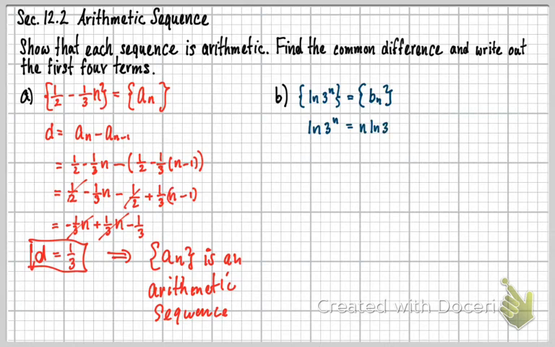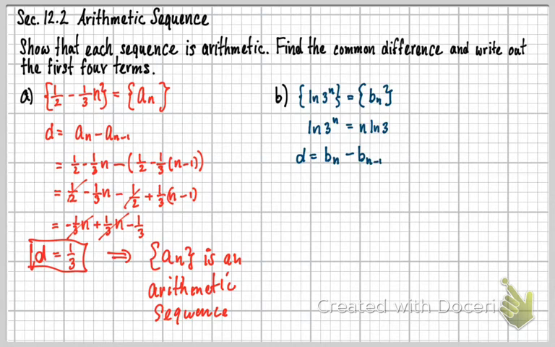We're going to use this property to show that this is a common difference. So again, d equals b sub n minus b sub n minus 1.